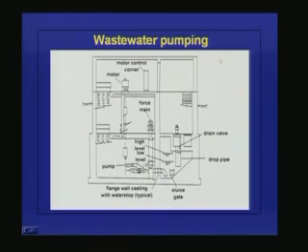For example, here we are talking about wastewater pumping. One can have a wet well dry well type of design. This is called a wet well and this is a dry well. The pumps are located in the dry well. The sewage pipe or the drain pipe is delivering water into the wet well, that can have a high level or a low level, but we do not put the pump in the wet well itself.